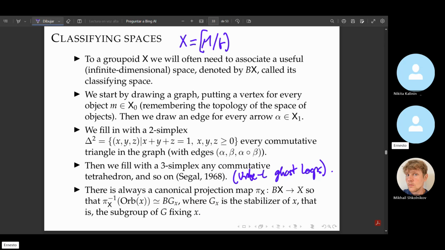But anyway, there you have BX, then you have the topological space, just the quotient space, M mod G. And above every point here, the fibers change very much from point to point, because the fiber is the classifying space of the stabilizer at every point. You see what I mean?